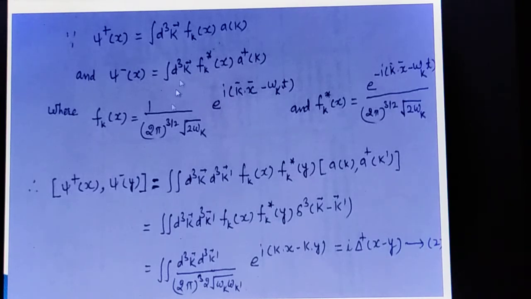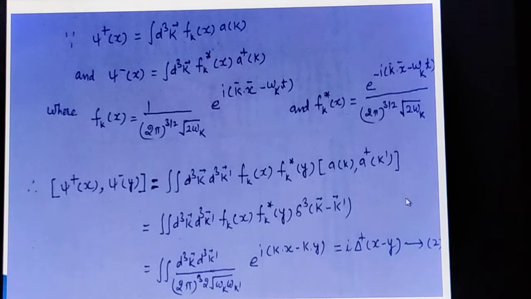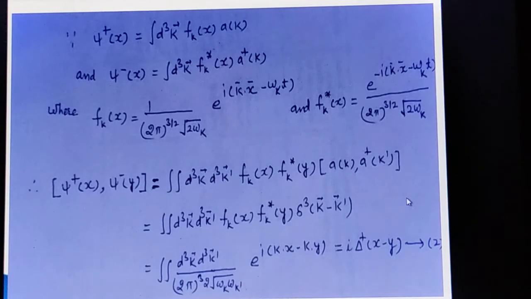And if you use these values for the first remaining commutator, psi plus x comma psi minus y, then you can have the equation like this: the double integration of d3k d3k dash f k x f k star y, times the commutator of a k, a dagger k dash, and this is equivalent to the integration of d3k dash f k x f k star y times the commutator, which as we already know is equivalent to the delta function of k minus k dash.